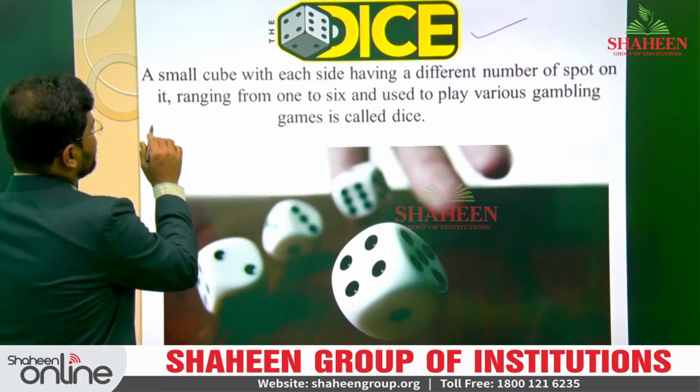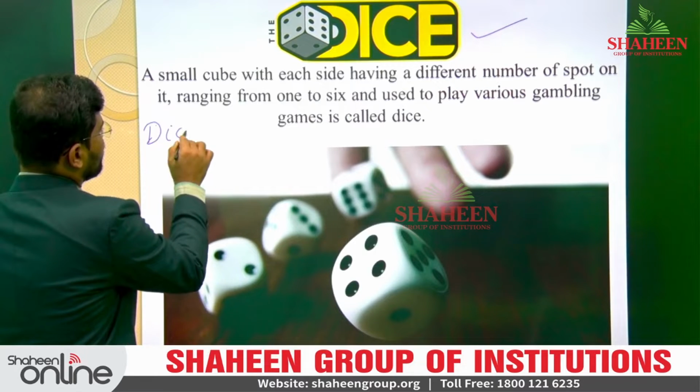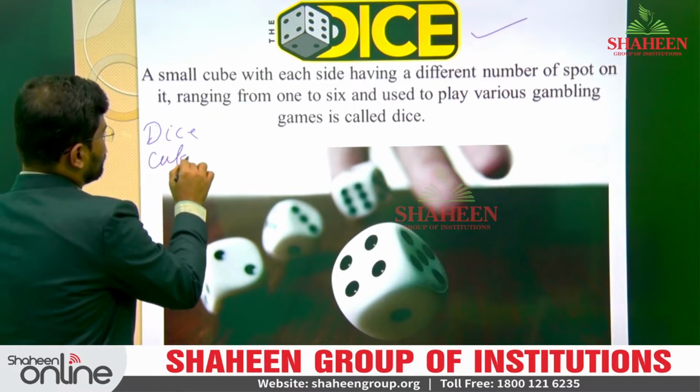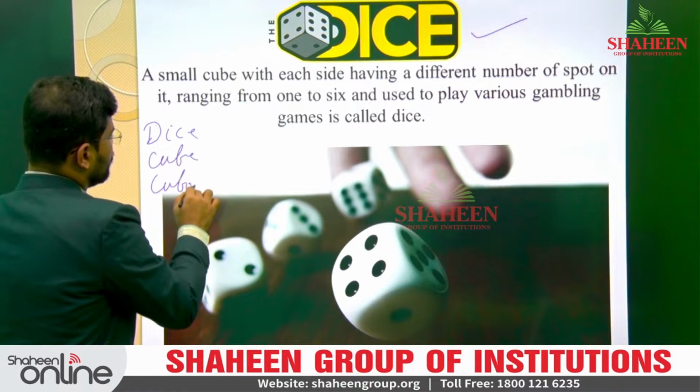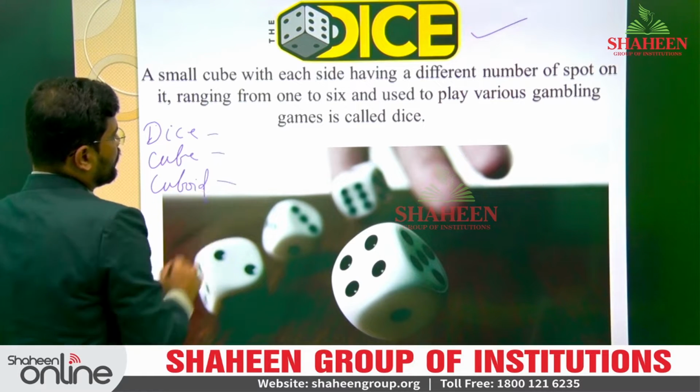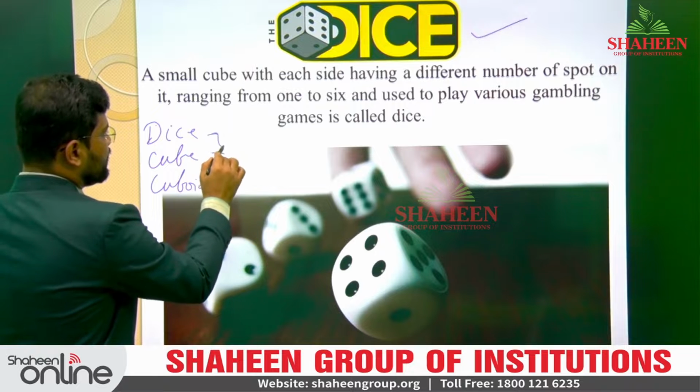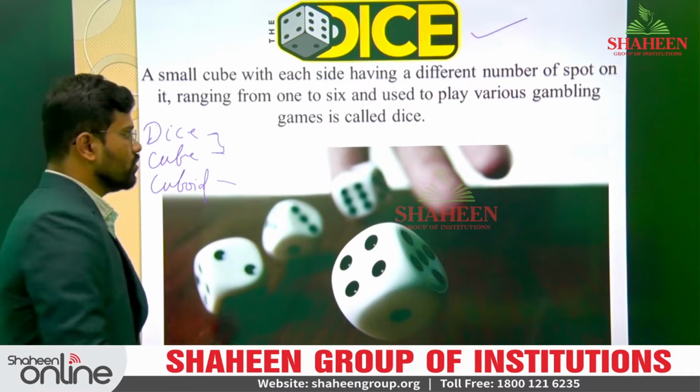What is the difference between dice, cube and cuboid? Friends, when it comes to dice and cube, both are one and the same.